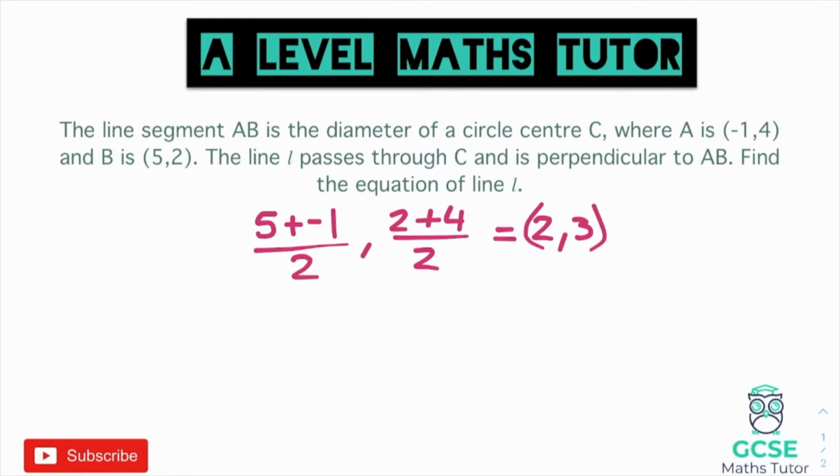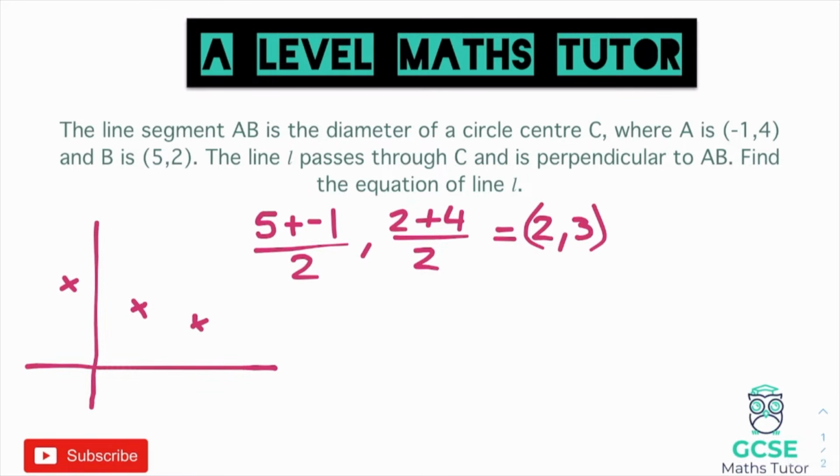So we could probably draw an okay sketch and think about what this looks like. A is -1,4, so let's imagine that's here. Then our coordinate in the centre is 2,3, which is to the right and just a little bit lower than the 4. Then we've got another coordinate, which is 5,2, to the right again and a little bit lower.